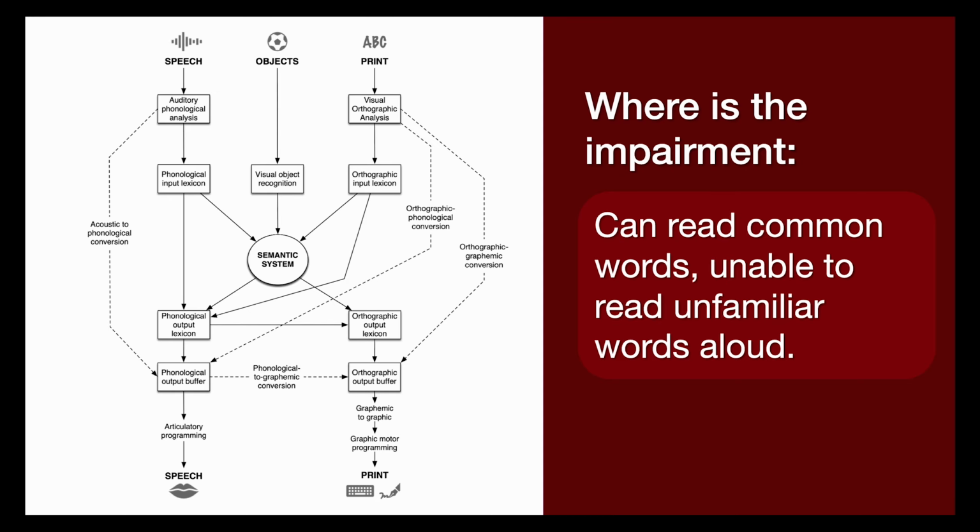What if someone is able to read common words, but they're unable to read unfamiliar words aloud? So they appear to read very fluently, and then they come across unfamiliar words or non-words, and they're unable to read that aloud. Well, if you trace what they can do, they are recognizing letters, they're recognizing the words, and they're understanding them, we assume, but at least they're reading them aloud.